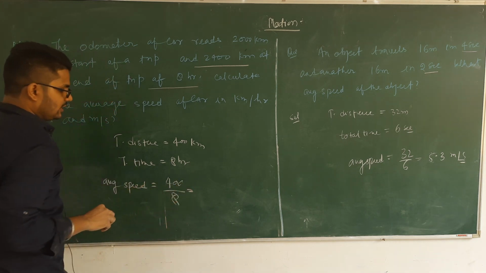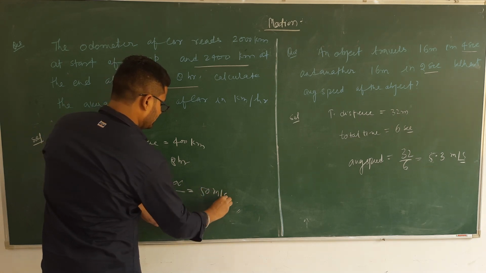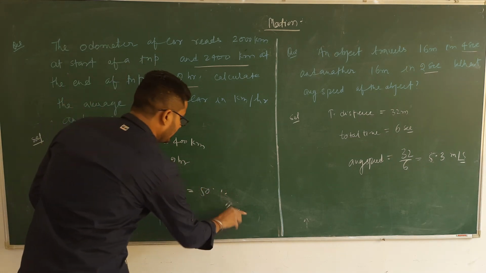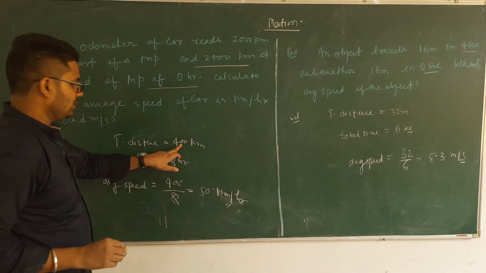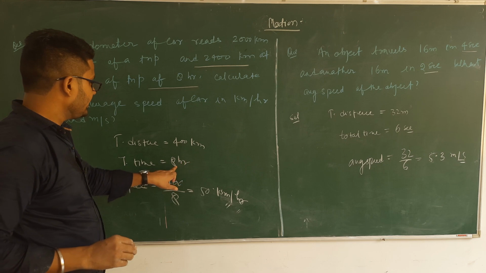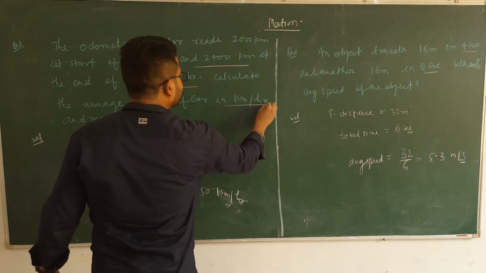So what will it be? 50 kilometer per hour, because distance is in kilometer and time in hour. So we have calculated this.